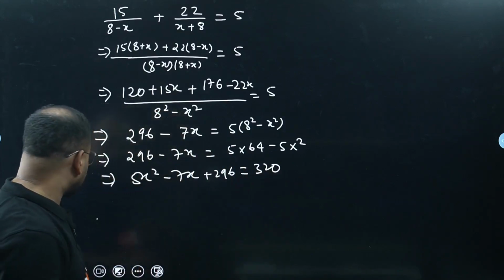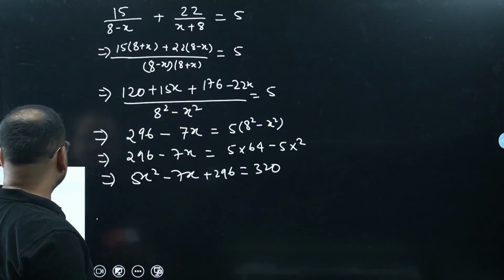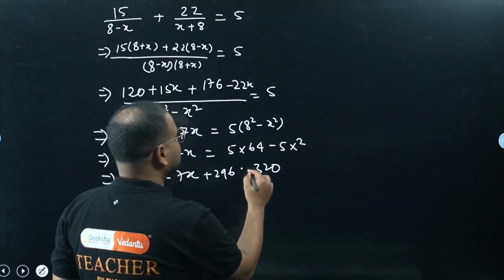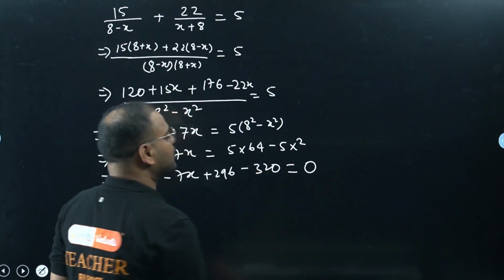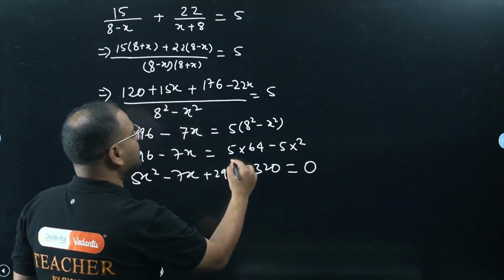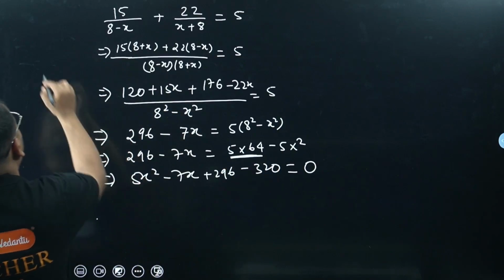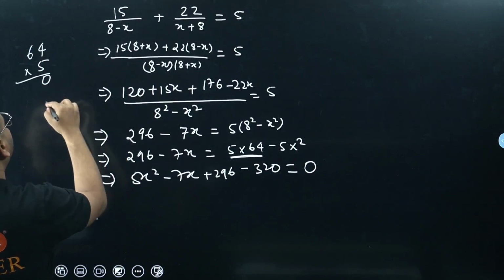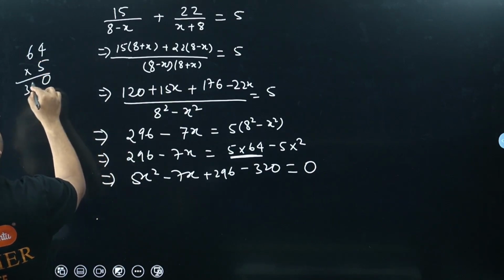Okay, please cross check. I am moving it to the left hand side, so this will become a minus sign. Nothing is left on the right hand side, equal to 0.